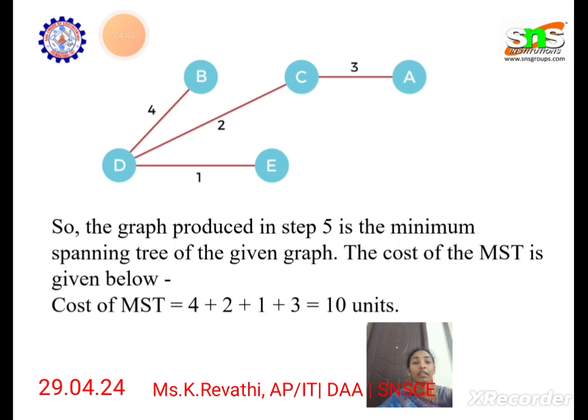And also we can find all the possible paths from source to destination. Here we have to visit all the nodes once without forming any cycle. This is the goal of Prim's algorithm.